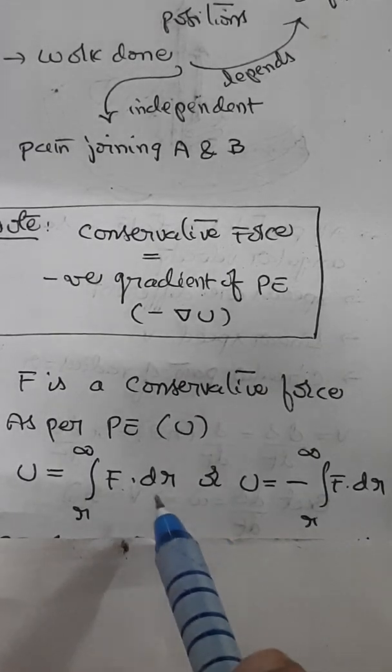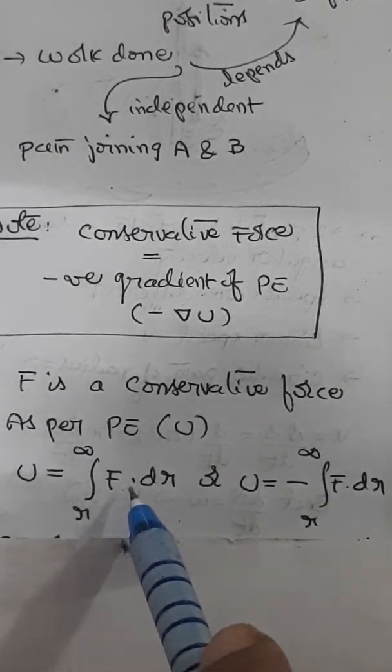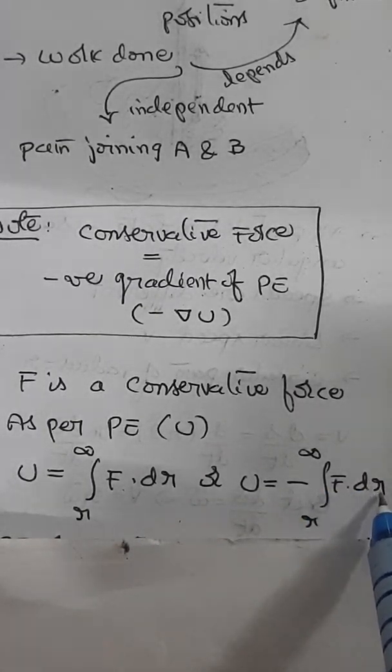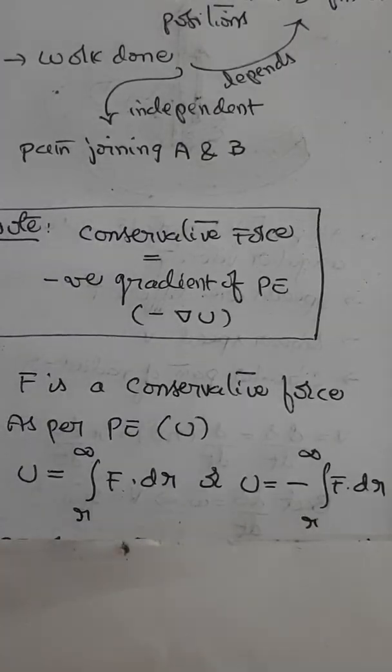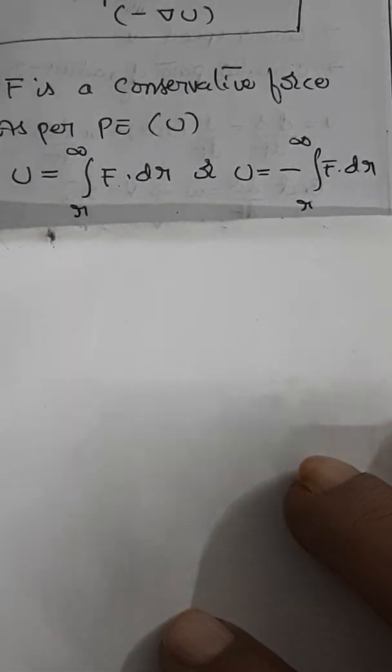So F will have x component, y component and z component. Similarly, R will have x, y and z components. Like F is equal to Fx i plus Fy j plus Fz k. Similarly, dr is dx i plus dy j plus dz k.